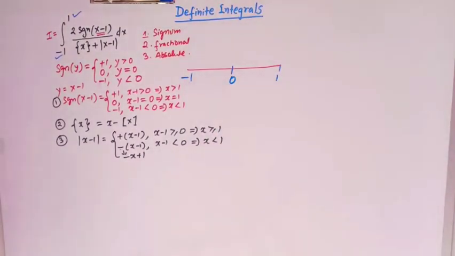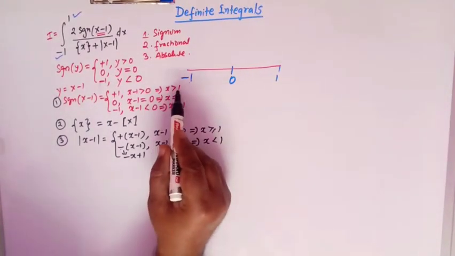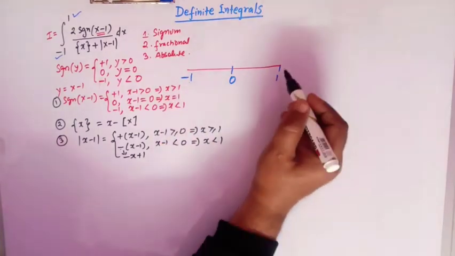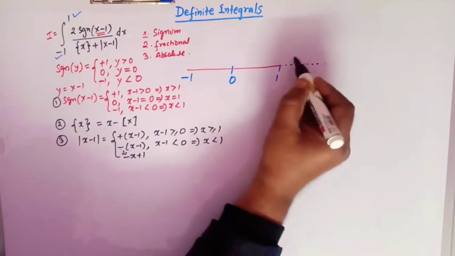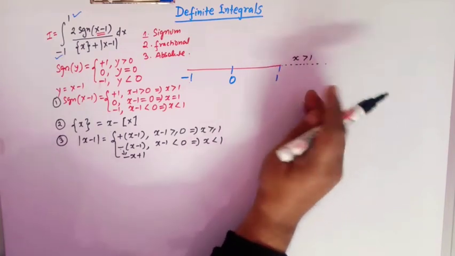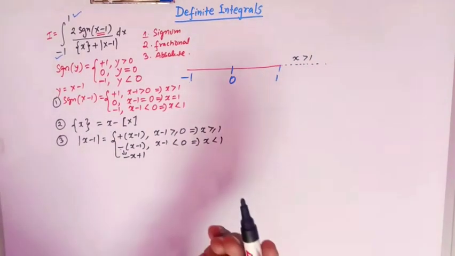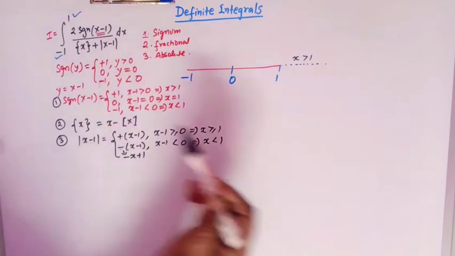Now if we closely look at the inequalities, here we have x greater than 1. This part of the real number line is x greater than 1, which we are not going to use, because here we have to integrate just from minus 1 to 1.